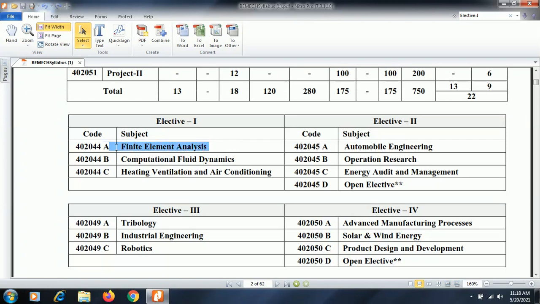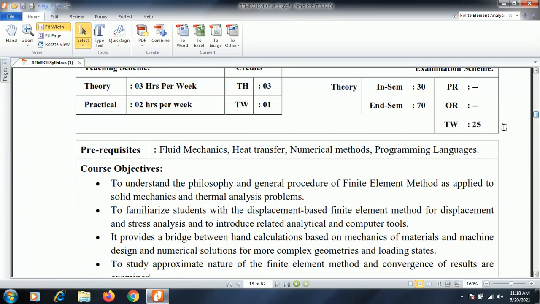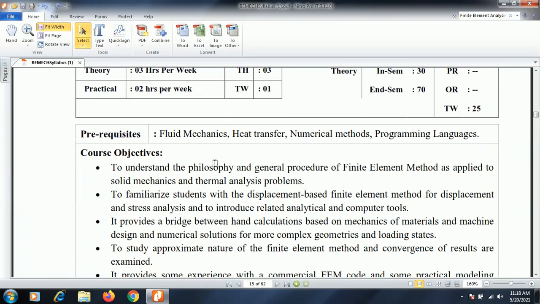If you see the syllabus of finite element analysis, it is basically related with a design subject, and you will be learning software such as ANSYS, MATLAB. For this you require a prerequisite of fluid mechanics, heat transfer, numerical methods and programming language.